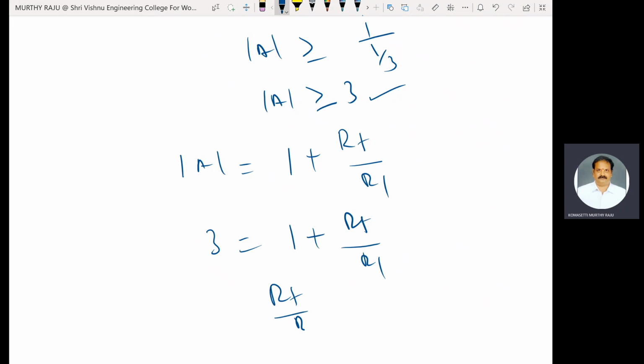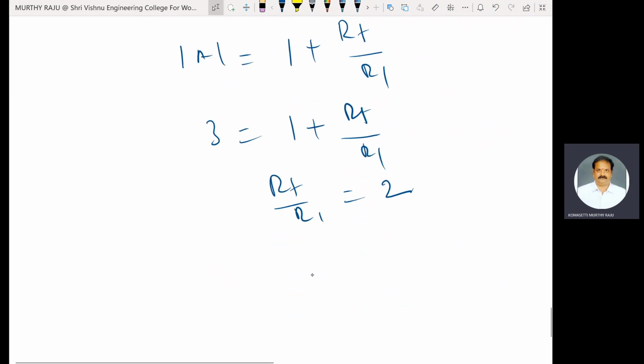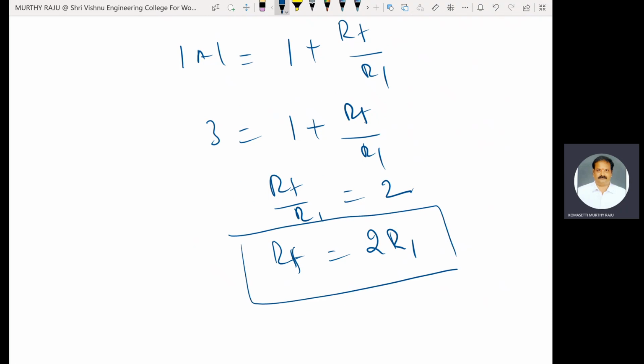Therefore, RF by R1 is equal to 2. For the feedback pairing, RF is set such that RF is equal to 2 R1. With this, the derivation of the gain and the frequency of the Wien Bridge oscillator is completed.